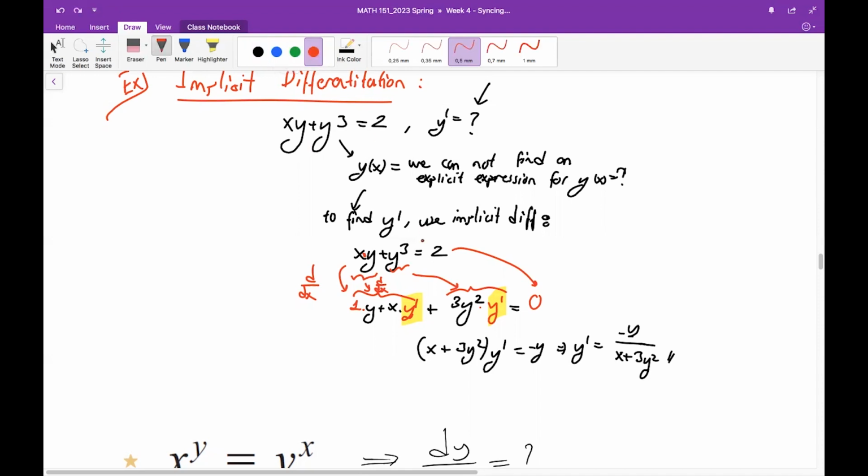And while taking the derivative, you should keep in mind that y is a function of x. Then you won't do any mistakes while taking the derivative for the left side, and then you will just solve for your y prime function. This is what we call implicit differentiation, okay?